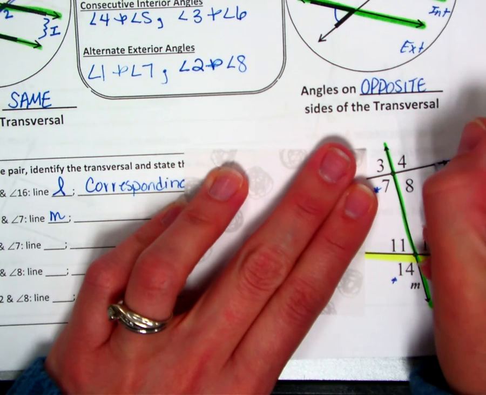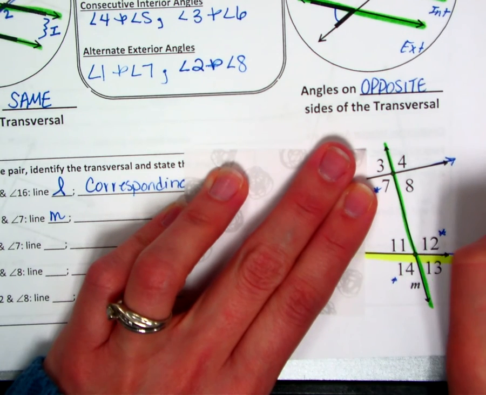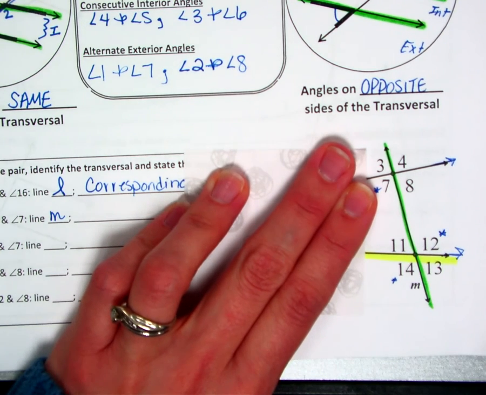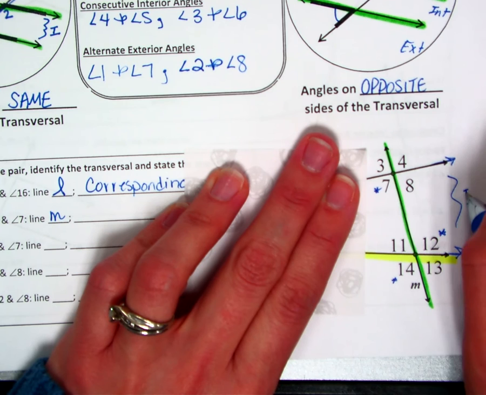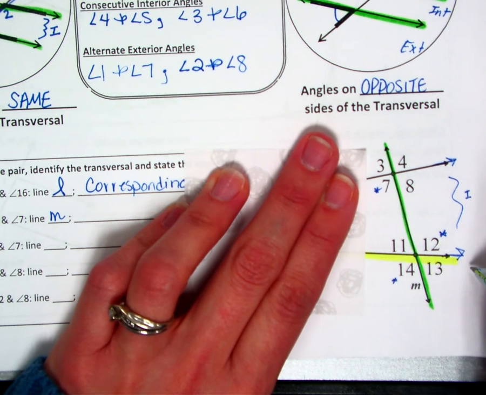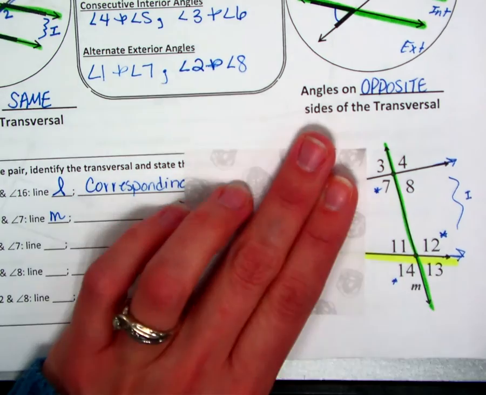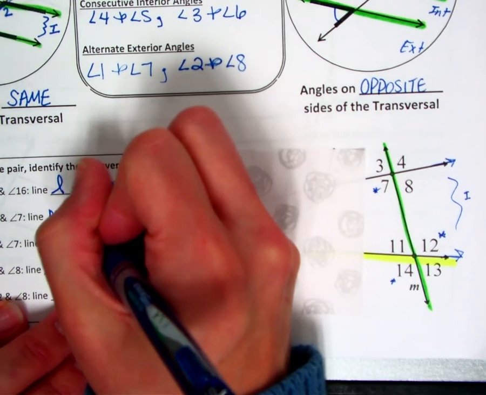Because I just want to know, here's my 2 lines. Are they in between those 2 lines or are they on the outside of those 2 lines? And they're inside. So this is interior for my 2 lines, K and L. So 7 and 12 are alternate interior.